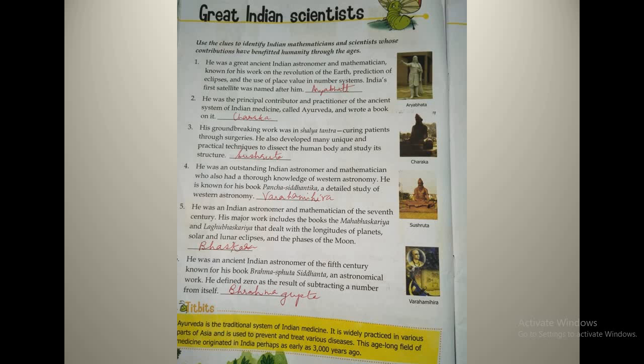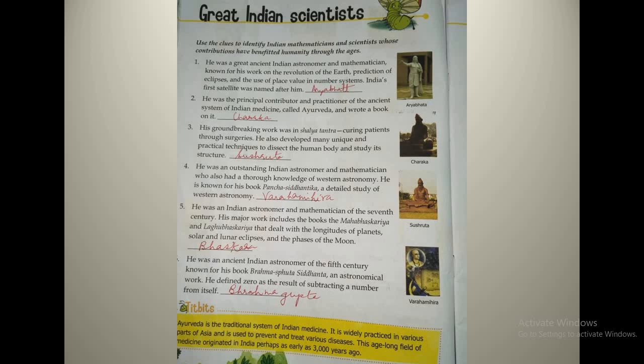Like planets have imaginary lines on them from North Pole to South Pole, right, and from west to east, right. So these 2 lines are there, longitudes and latitudes also. He dealt with longitudes, solar and lunar eclipse, you know, lunar and solar eclipse, and the phases of moon.